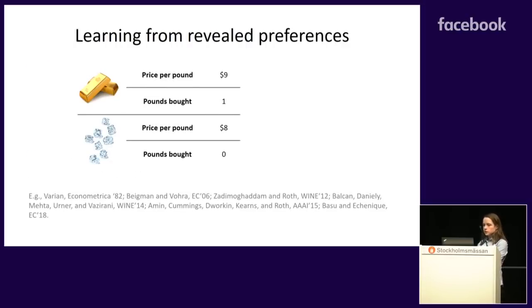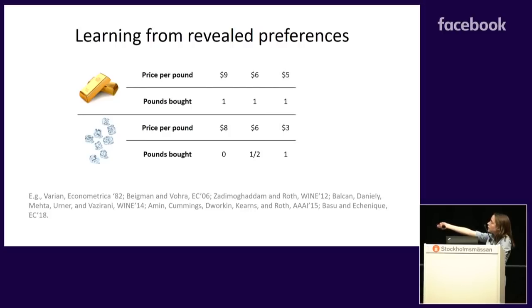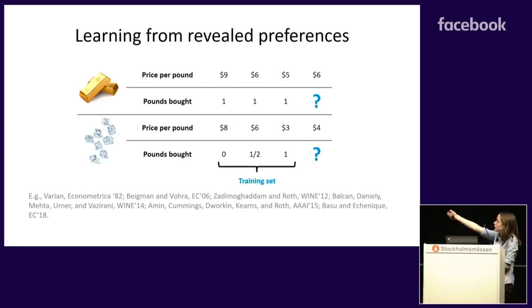And the last learning framework I want to talk about is learning from revealed preferences, where you have some set of divisible goods like gold and diamonds. You set some price per unit, and you see what the buyers bought. And you do this again and again and again. And then on the last day, you say, well, what if I had set the price of gold to be $6, the price of diamonds to be $4?